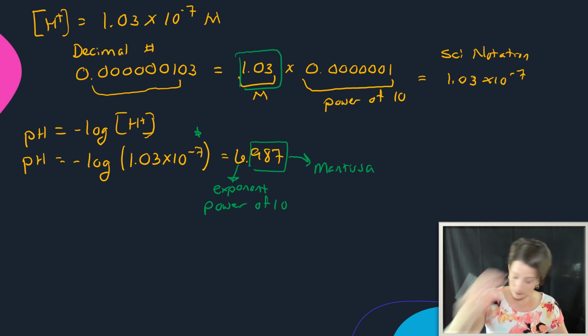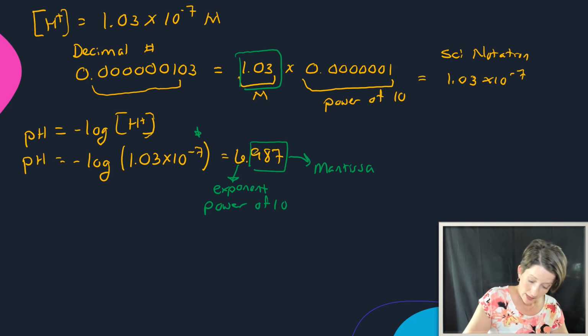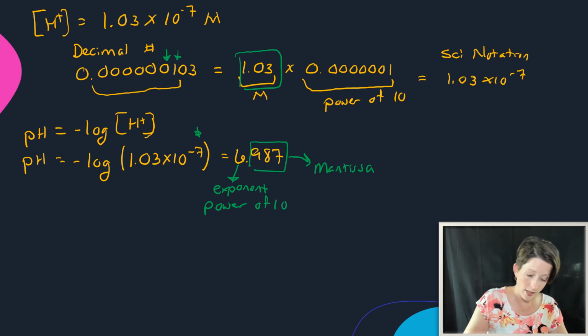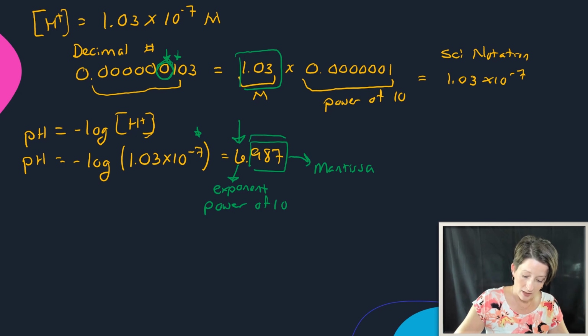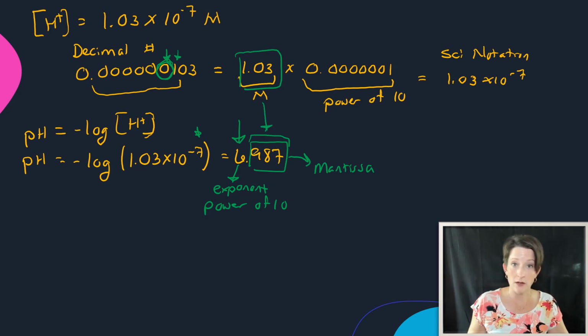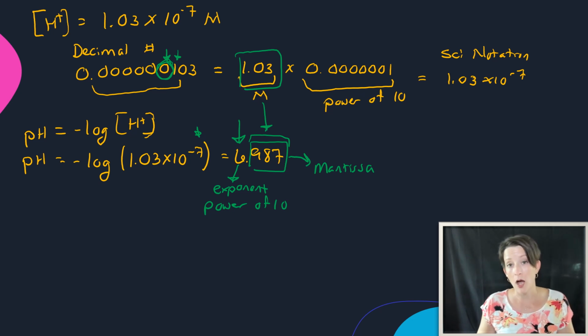Thinking about it with that 6th place within the decimal number, the 7th place is occupied, but it's higher, so the 6th place is truly the first power of 10 before we get to our significant digits. So the ones place in our pH represents the power of 10, and the decimal places are the significant figures that come from the mantissa.